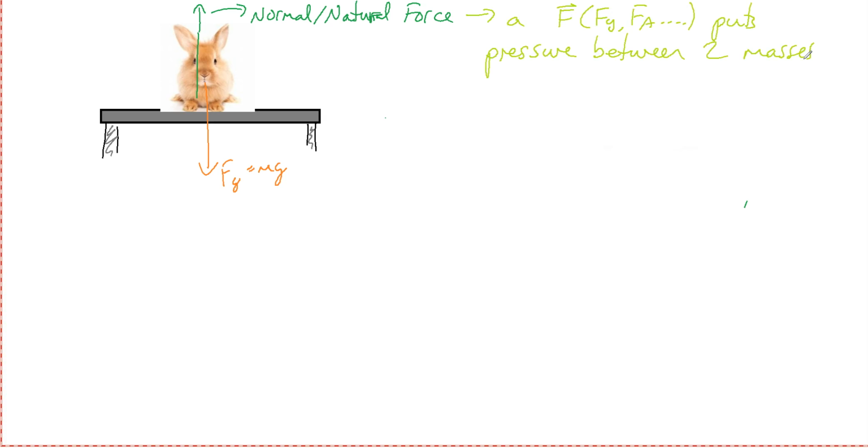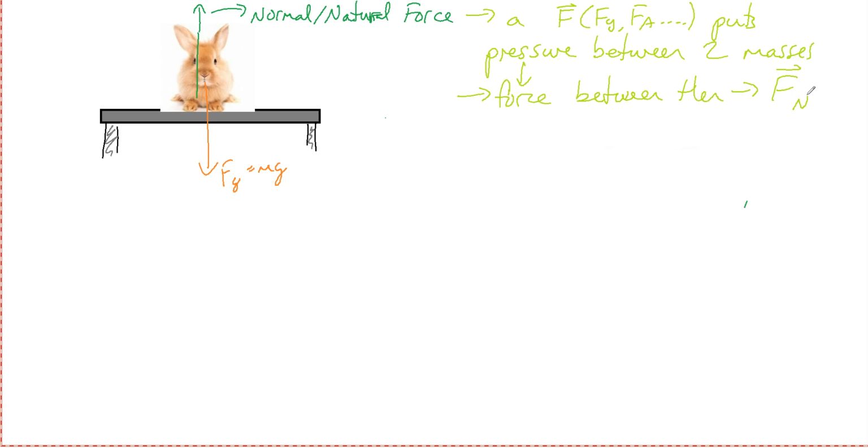It's not a pressure measurement, but it's connected to pressure. In this case, gravity puts pressure between two masses, and there's the force between them. This is Fn, the normal force.